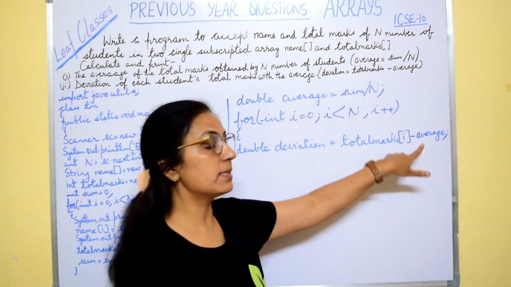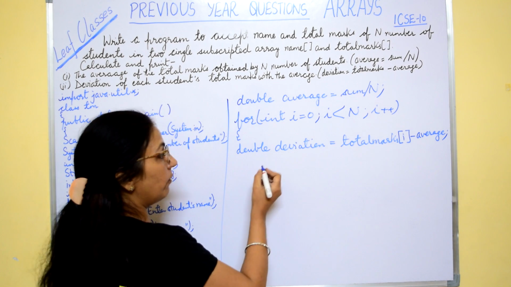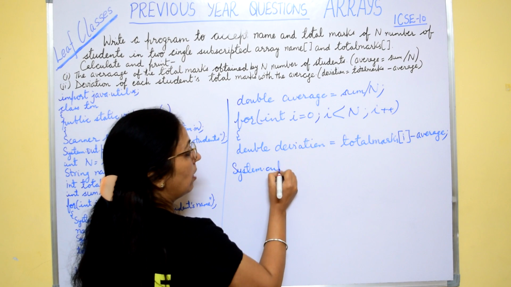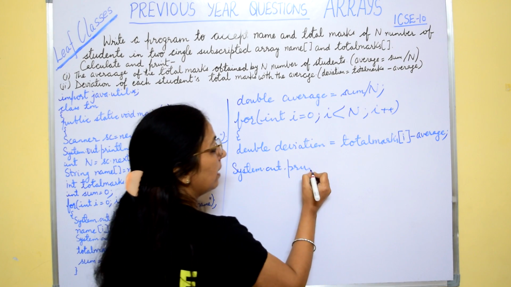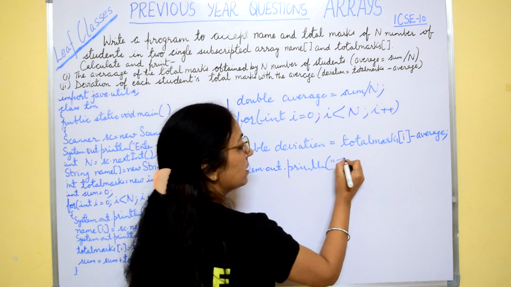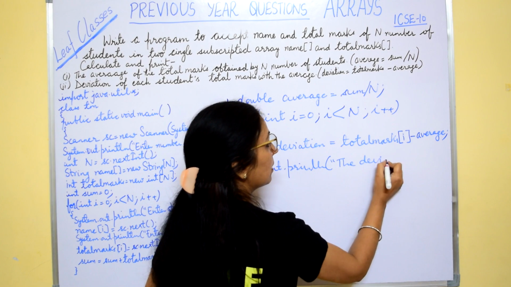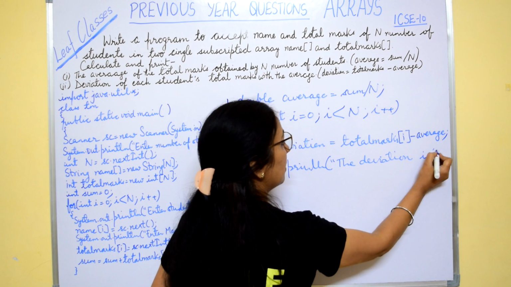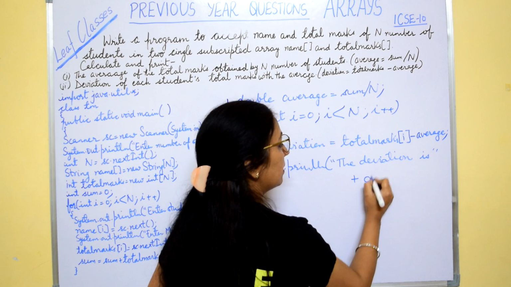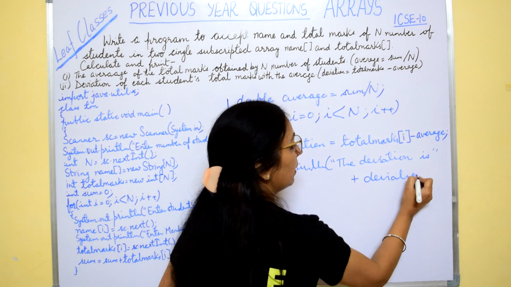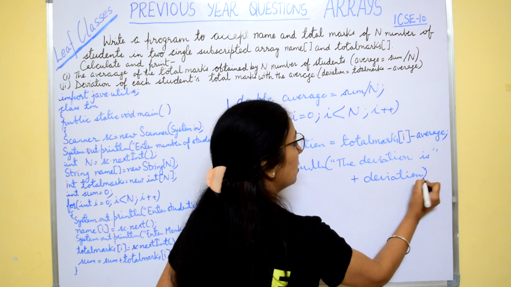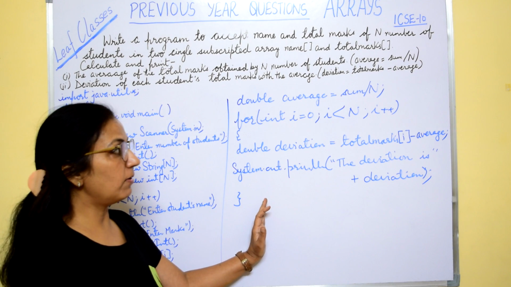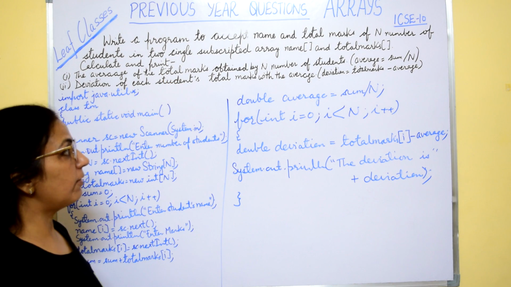So whatever is the result calculated over here, we have to display that. So it will be System.out.println, and you print the deviation is plus deviation variable only we have stored, and you close this loop, and we have printed the deviation. Now you have to print the average also.